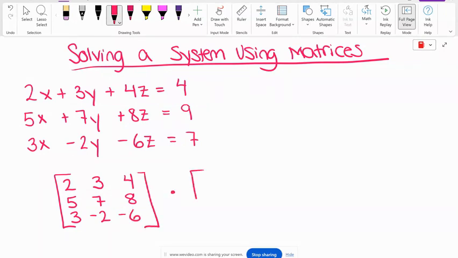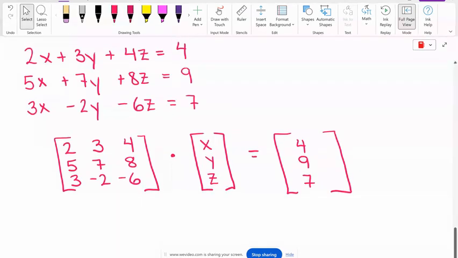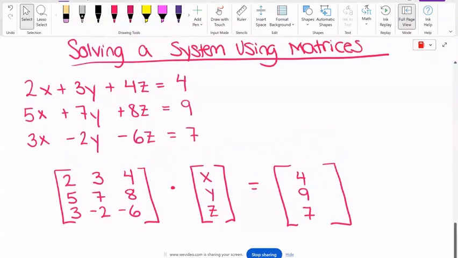We're going to multiply that by the variable matrix, x, y, z, and that will equal our solution matrix, which is 4, 9, 7. I'll let you all catch up.